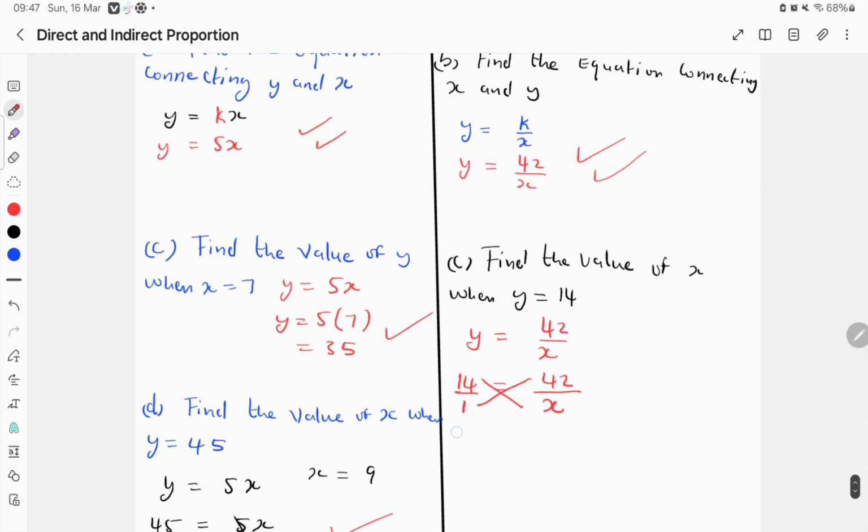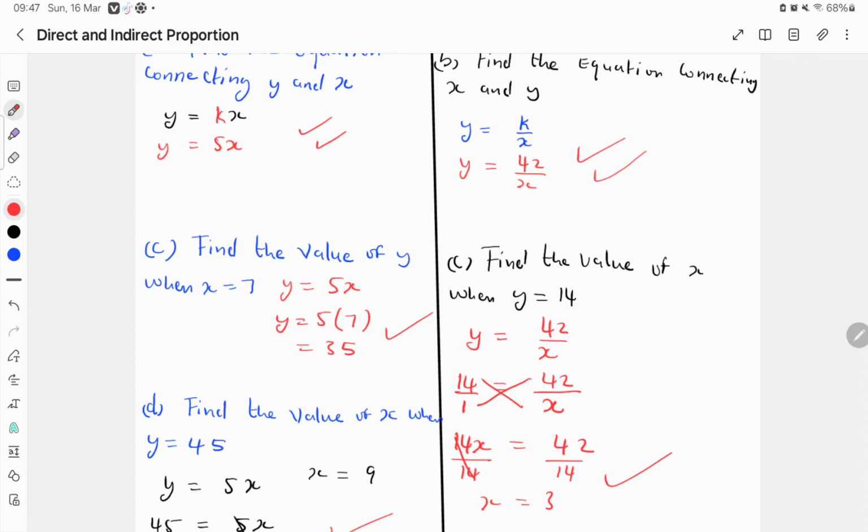You get 14x is equal to 42. Then you divide both sides by 14, and x is equal to 42 divided by 14, which is 3. That means the value of x is equal to 3. So from there you are done.